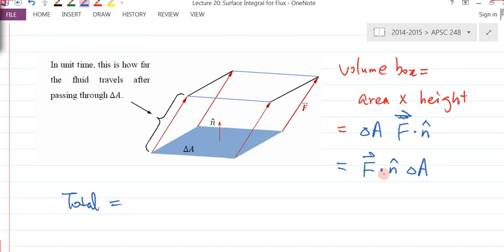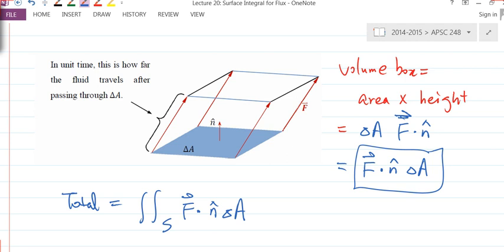So basically the total is you add all of this across the whole surface. The total sum becomes an integral, integrating across the whole surface area. You add this quantity here.